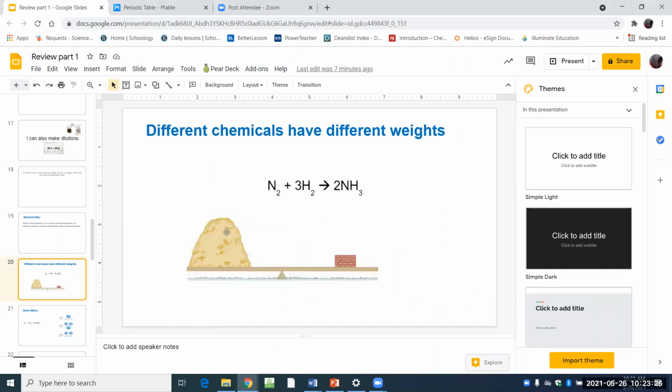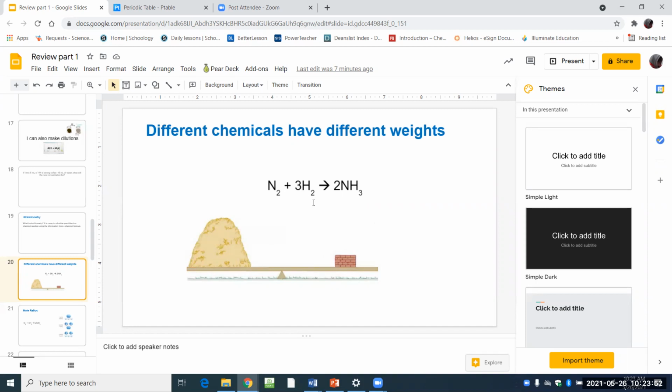I showed you this picture before, saying that even though something might have the same weight, it might have a different number of particles. For example, a pound of feathers versus a pound of bricks: obviously there are way more feathers present than bricks, even though they weigh the same amount. The same thing applies here. You can have chemicals with the same amount but different weights. So you need to keep that in mind.